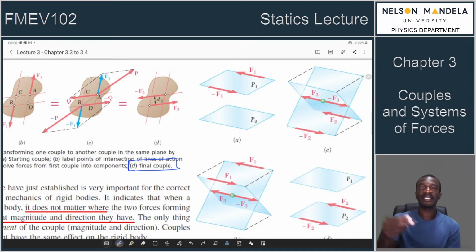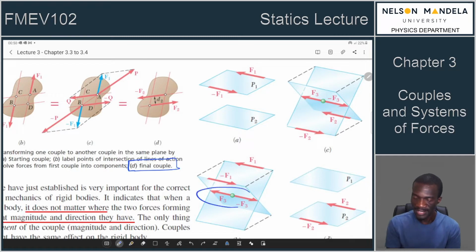Now, one can carry out the process of proving this by creating a point at which no force acts, right? So if you introduce a force F3 and minus F3, you have actually introduced no force because these forces are pointing in different directions, and they have the same magnitude. So they add up to 0.